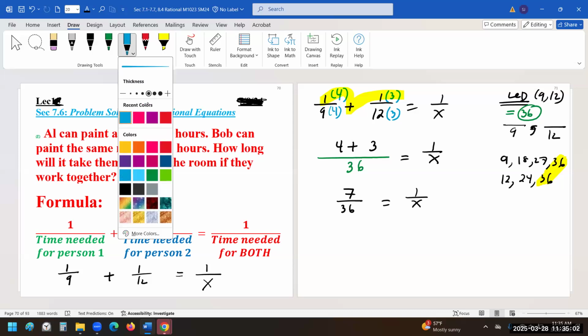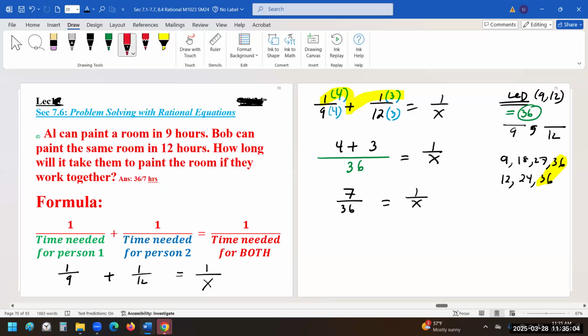And now, to make our life easier, we don't have to do any math. We have X in the denominator, but we want X in the numerator, right? This is what we want. So just flip them. Flip this side. Since you're flipping one side, that means you also have to flip the other side. So this becomes X over 1.